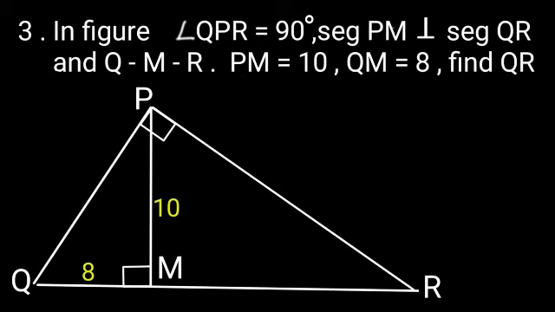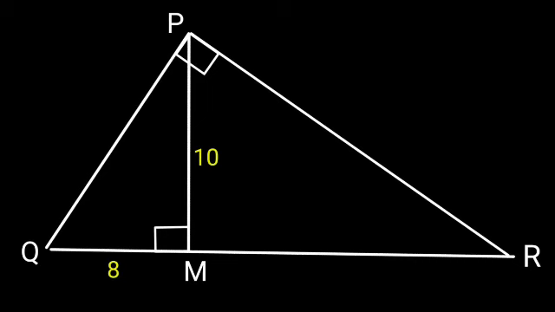Find QR. In triangle PQR, measurement of angle QPR is equal to 90 degrees. PM is the altitude to the hypotenuse QR at point M, and PM is given 10 and QM is given 8.